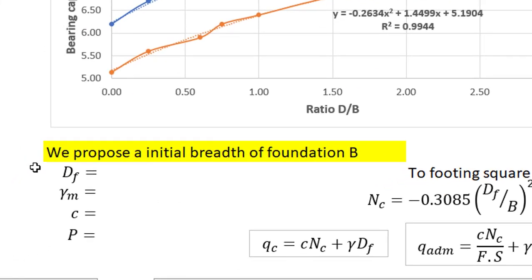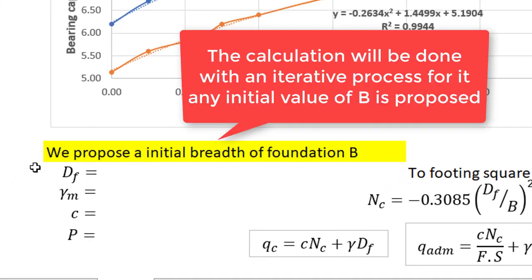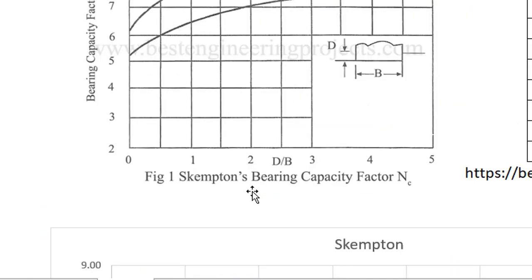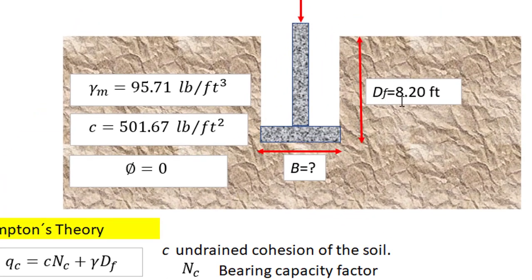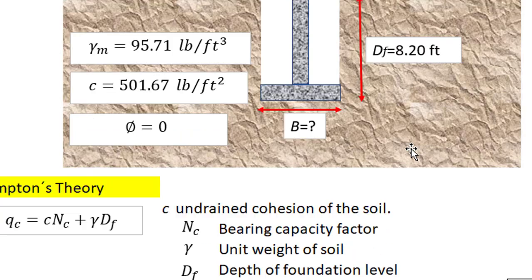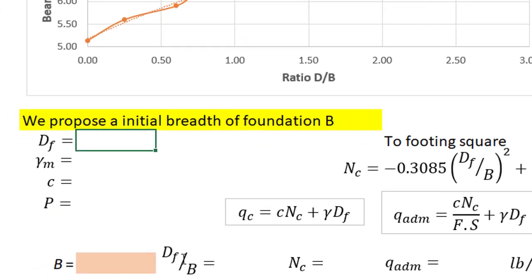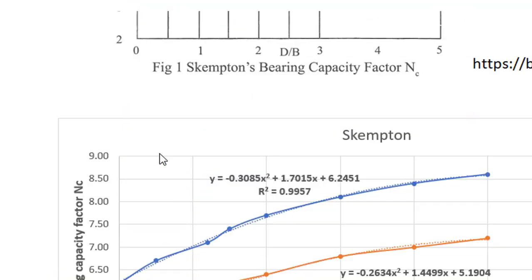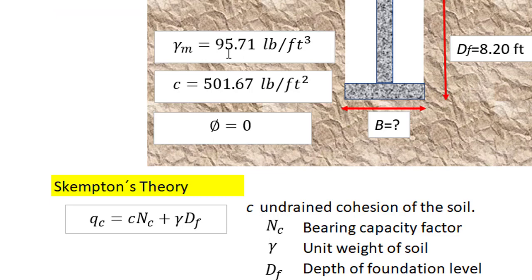Well, we propose an initial breadth of foundation B. The depth level of foundation is equal to 820 feet. The unit weight is equal to 9571.